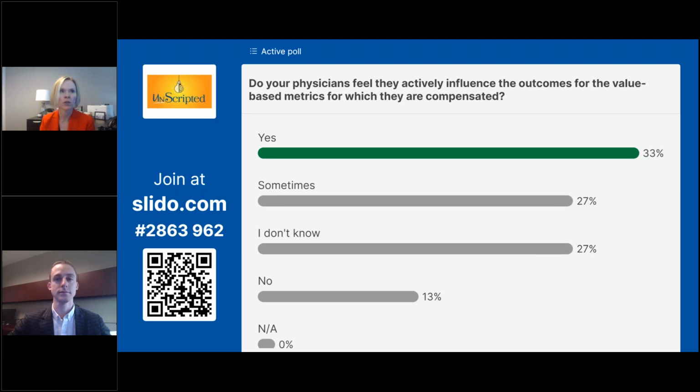I'm sure many of you have had the conversation with a physician about the performance-based, value-based metrics within their agreements, about perhaps how they feel that they don't influence the outcomes. For example, one of the measures that I've had a lot of pushback on, or heard a lot of physicians talk about, is in anesthesia, and particularly on-time starts.